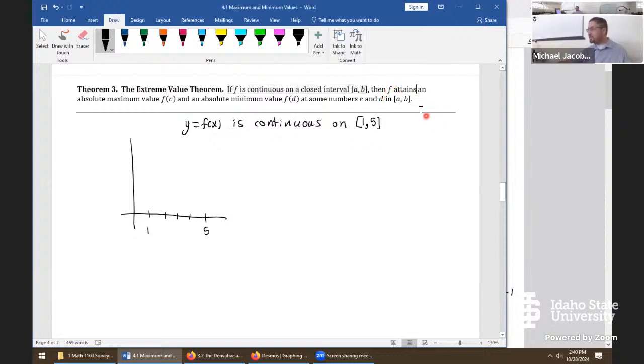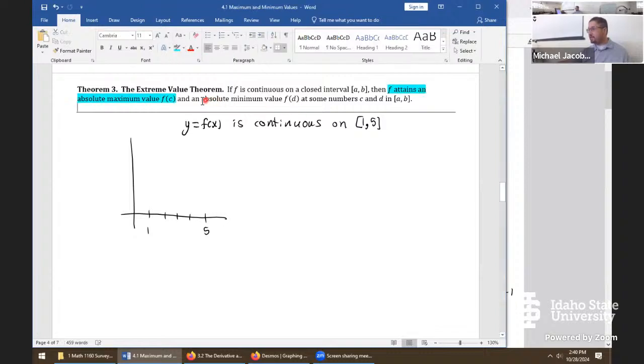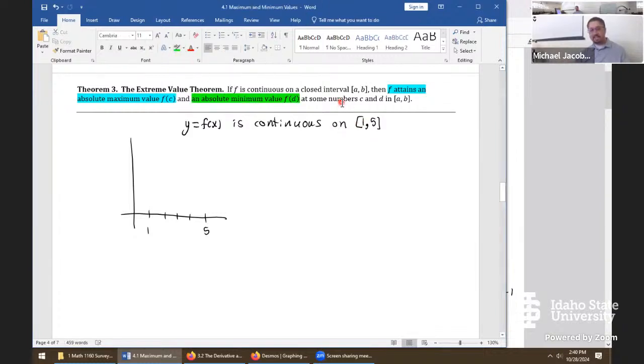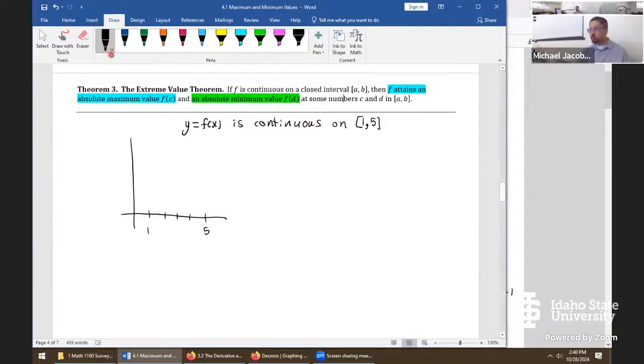Now the theorem goes on to say, f attains an absolute maximum and an absolute minimum somewhere, at some numbers c and d in the domain. So that's the guarantee of this statement. And the challenge here, just for fun, is to try to draw a curve where that doesn't happen, where maybe one or both is missing.